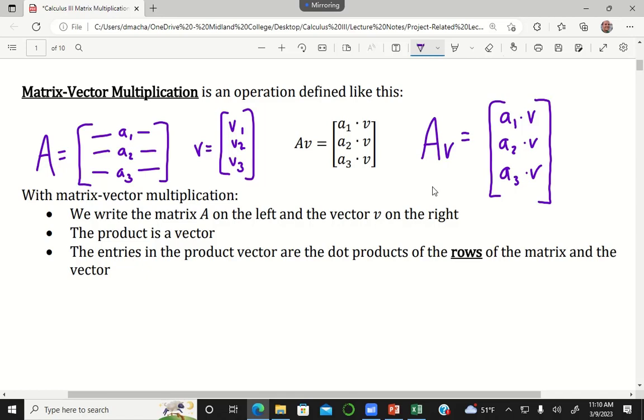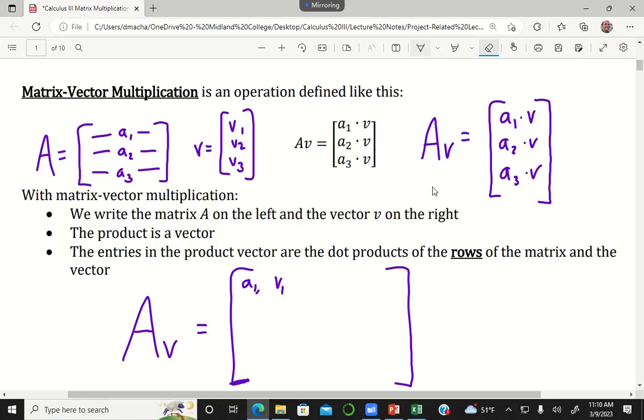So if I wanted to really expand this out, this is, again, the product is a vector. Matrix vector multiplication has a vector as a product. And if I write A1 dot V, what that's saying is take the entry in the matrix A1 comma 1 and multiply that times V1.